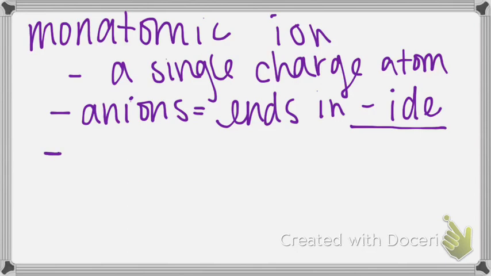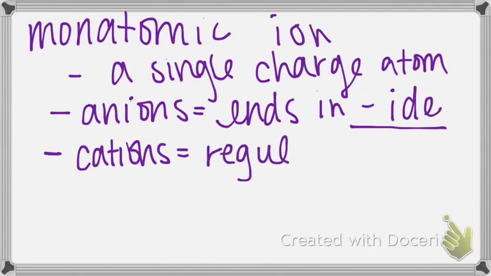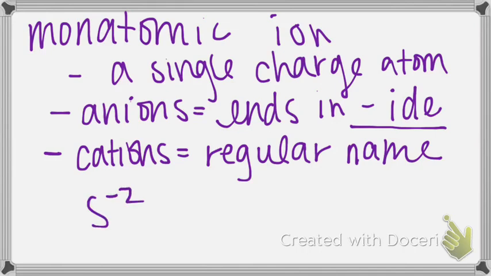What's different about the cations? Is there anything different about the cations compared to their regular name? No, they just keep their regular name. Okay, and so here's why this is important. If I would say, what's the name of this molecule? You would say sulfide.